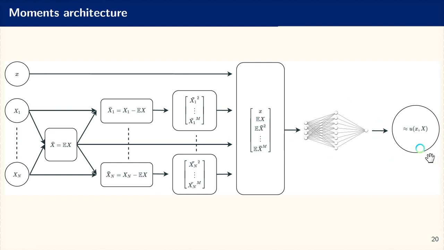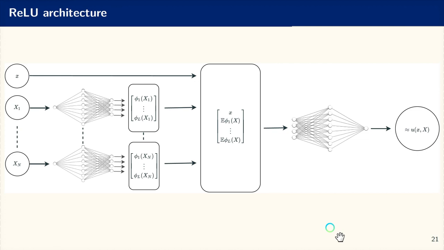And then we have the Rho, and that gives us a solution. Or we can do it in terms of the ReLUs, and the difference over here is that then we are not going to compute moments, we are going to compute these functions phi from 1 to L of the elements in the vector X. And then again we have the outer layer, and that gives us a U.